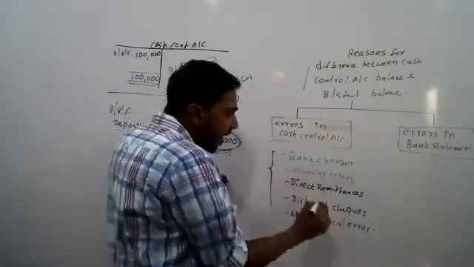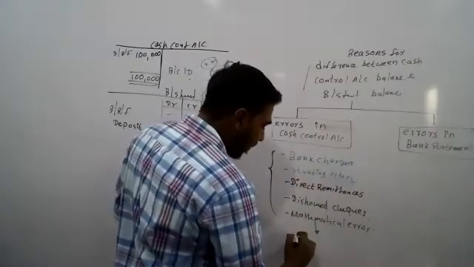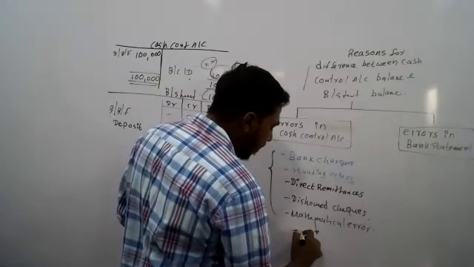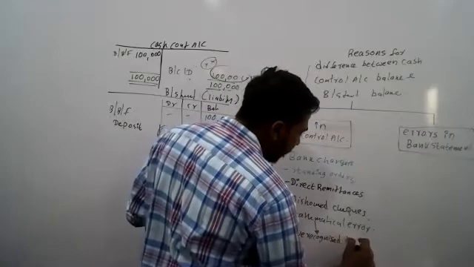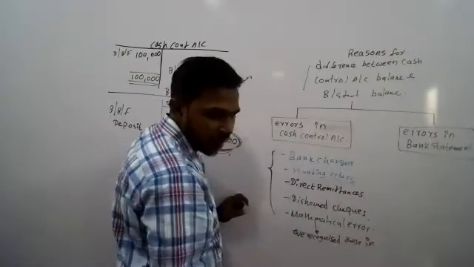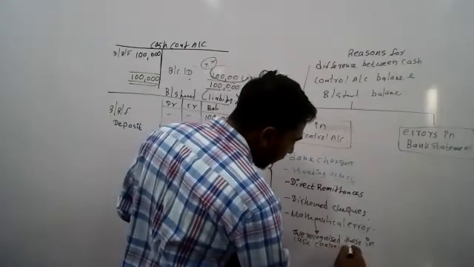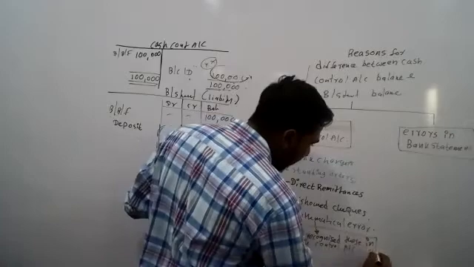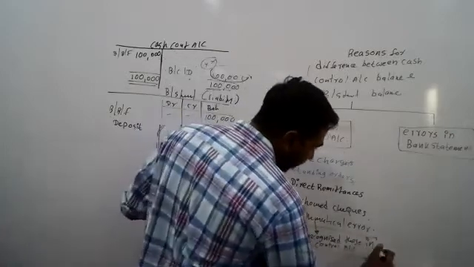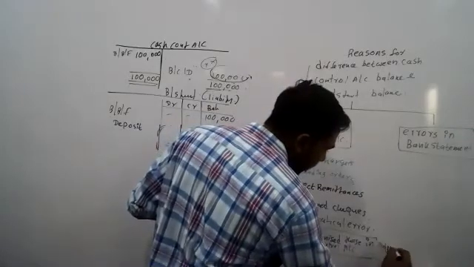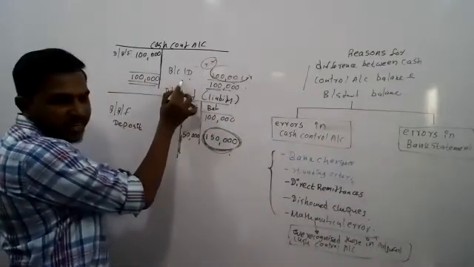If there is any error in the cash control account, to rectify the errors, we recognize these in the adjusted cash control. That means these errors will be rectified here.